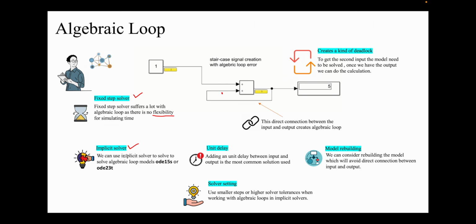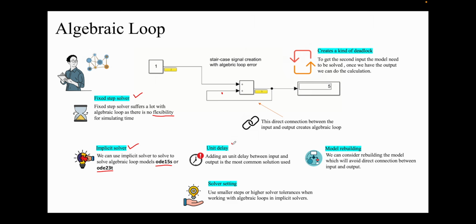If we use an implicit solver, and this is a part which we will also be covering in future tutorials, what the types of implicit solvers are, and suppose we specifically use ODE15s or ODE23t, which is also a trapezoidal integrator solver, with this we can resolve the problem because high computational complexity can be handled with these types of solvers. With that, we can also try to solve the algebraic loop problem.